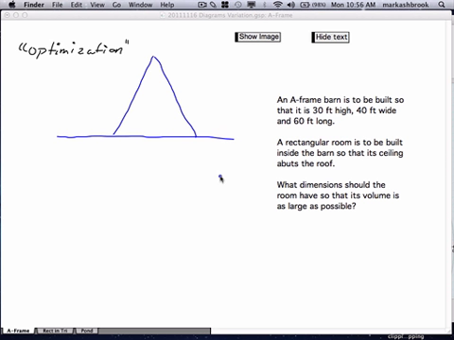It says a rectangular room is to be built inside so that its ceiling abuts the roof. So it's a rectangular room with vertical walls and a horizontal ceiling that abuts the roof. So what will that look like?